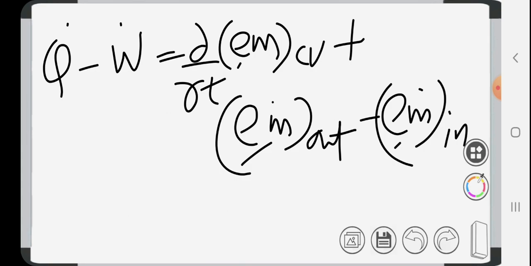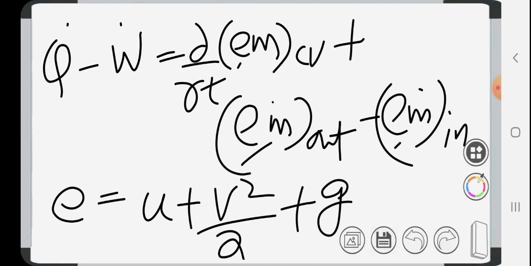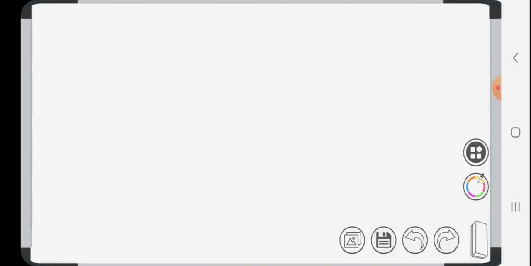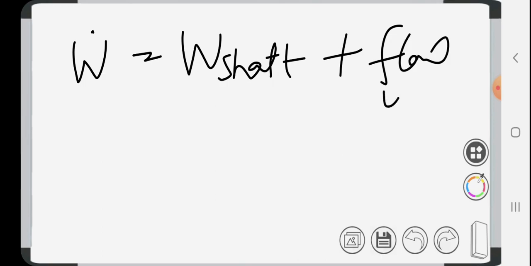Total energy is the sum of internal energy, potential energy and kinetic energy. So e will be the sum of internal energy plus kinetic energy plus potential energy, right? Now work is the sum of shaft work plus flow work. Okay.